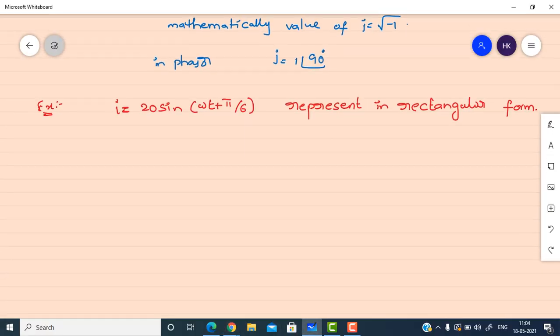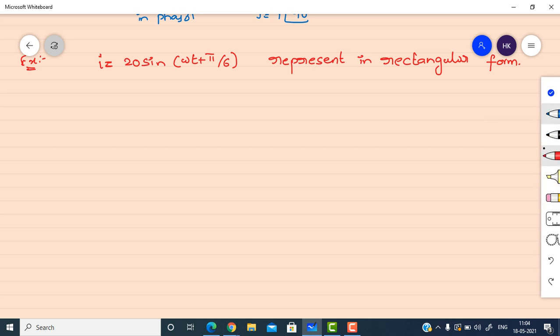So we know how to represent this equation in the rectangular form. The representation in rectangular form is plus or minus x plus or minus jy. First we have to find this x component and y component. The x component is Im cos phi, that is the formula, and the y component is Im sin phi.